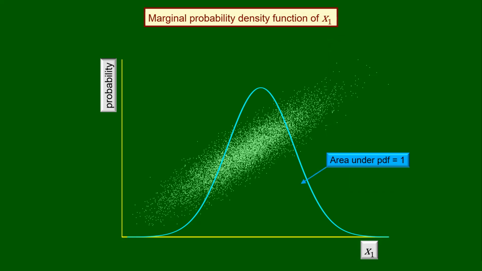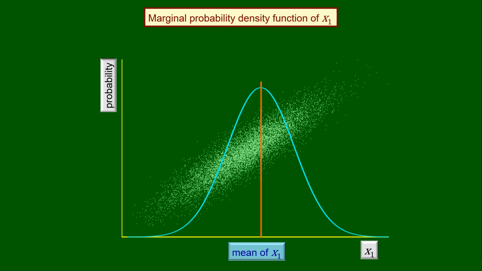Once again, the area under the probability density function is 1. And from this probability density function, I can determine the mean of x1, and I can determine the standard deviation of x1. And for a normal variable, that's all I need to characterize x1: its mean, its standard deviation, and the fact that it's normally distributed.